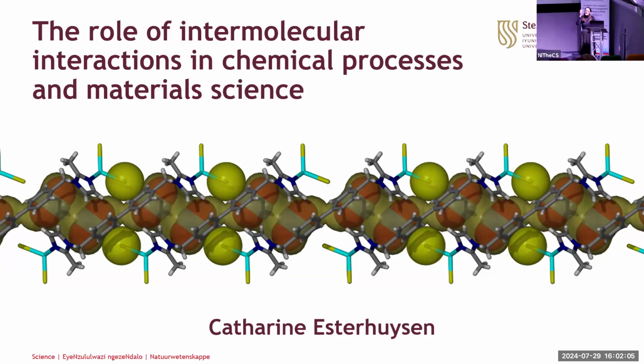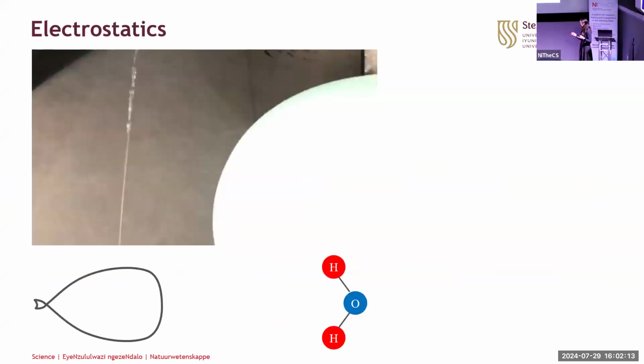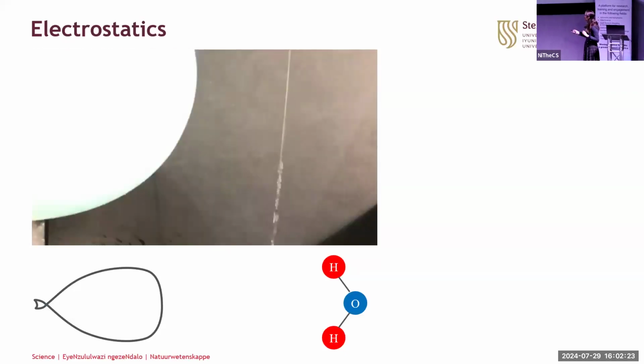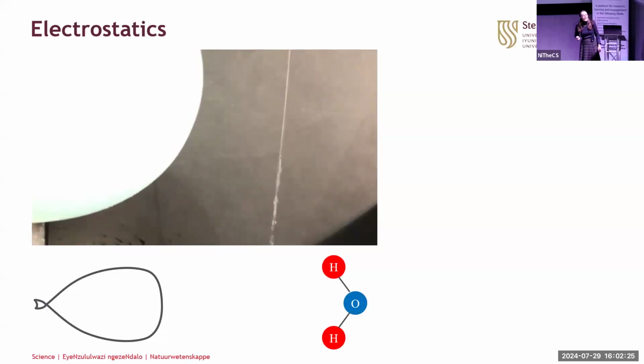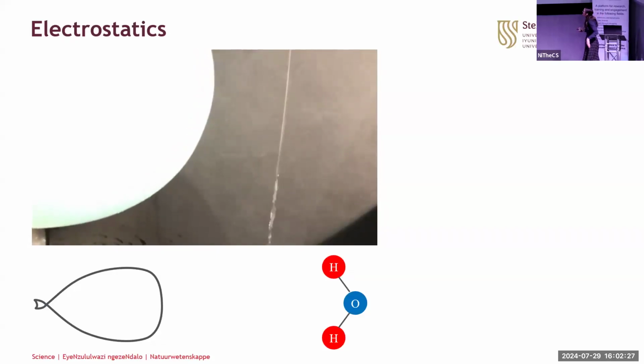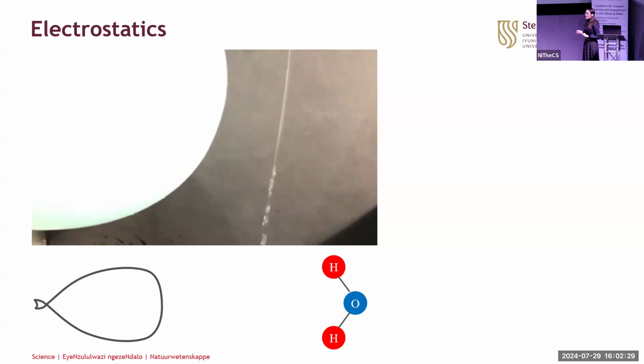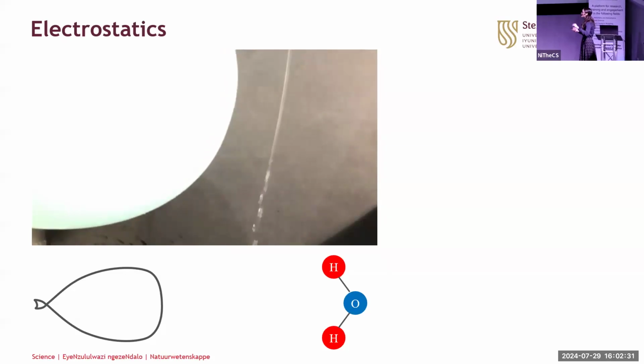But before we do that, I want to take you back a step to where my love for intermolecular interactions first arose. This was when I was quite young. My mother did this experiment with me where she took a balloon. If you rub a balloon and put it near a stream of water, you see that the water bends towards the balloon.